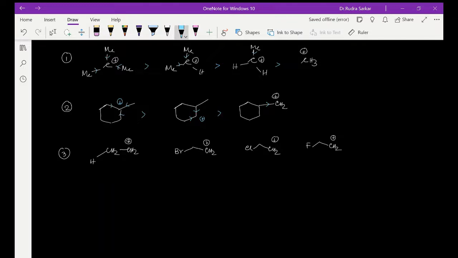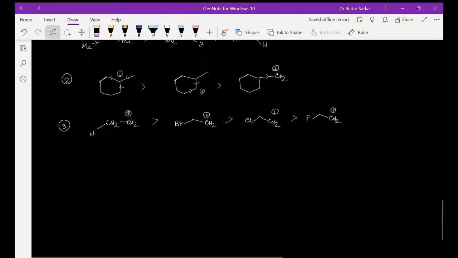So when there is a fluorine attached in place of a chlorine, we will say it will be less stable. So over here, the stability order will be as follows.